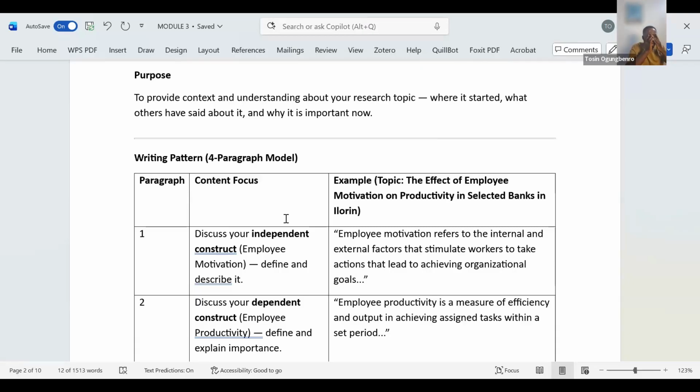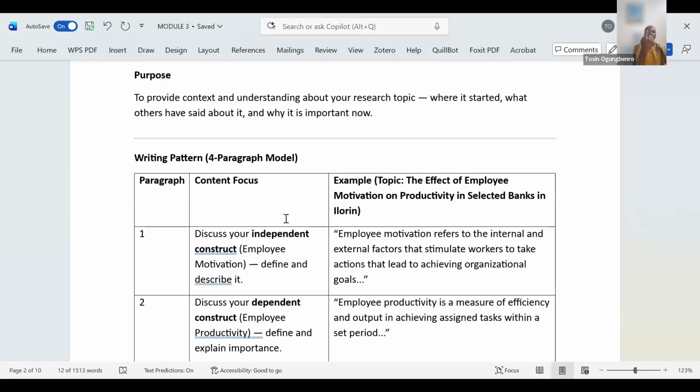In those years, if I wanted to write a background to the study, it might take me 3 to 4 days because I was thinking really hard how to put things together and make it make sense. But in today's world, it doesn't take that long anymore because of technology and advancement.